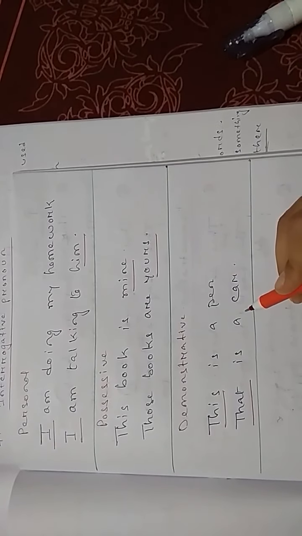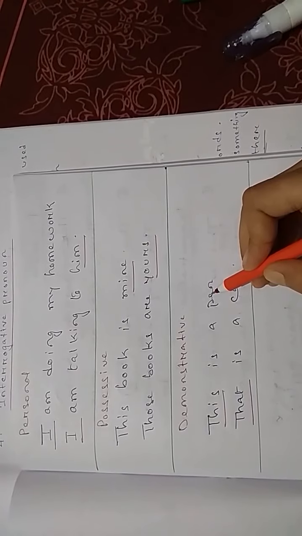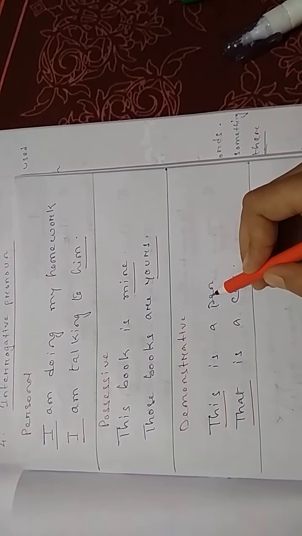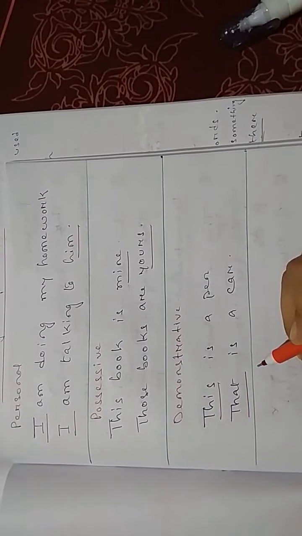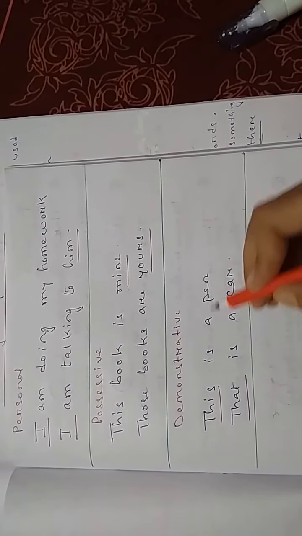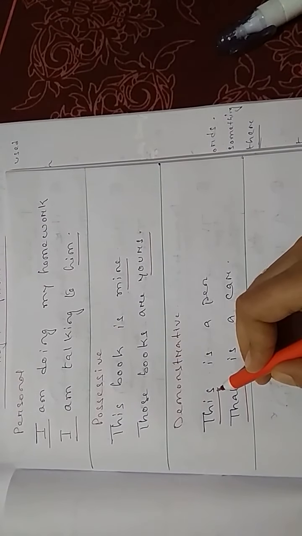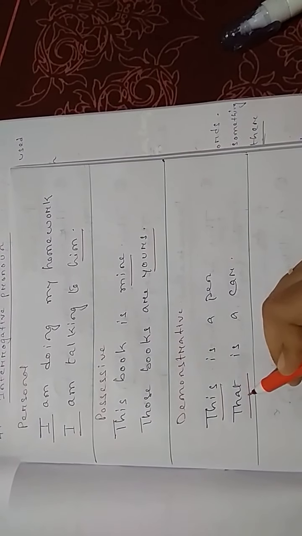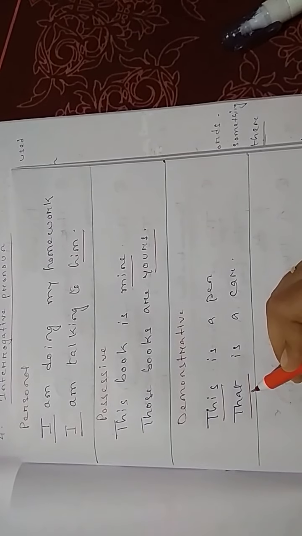Now coming to demonstrative. Demonstrative pronouns are used to point to something. This, that, these, those. Look at the examples. This is a pen. This is demonstrative pronoun. That is a car. That is demonstrative pronoun.